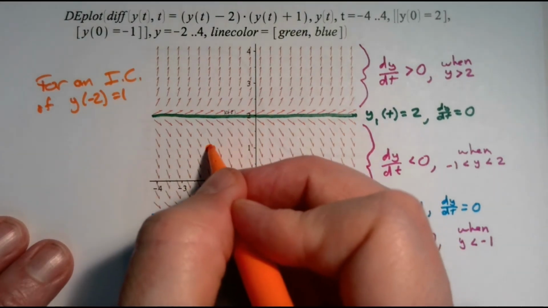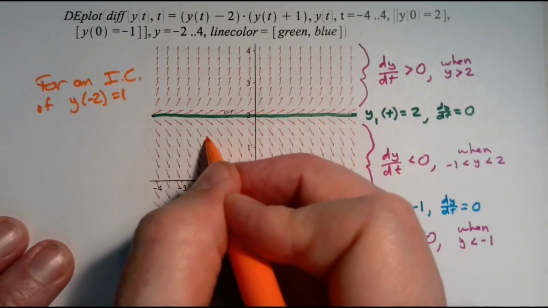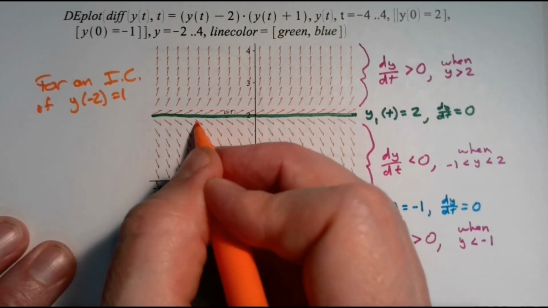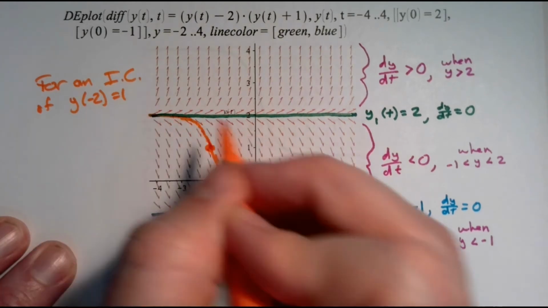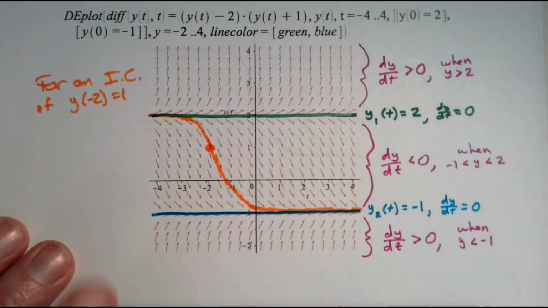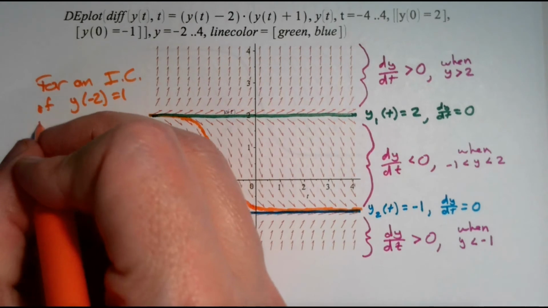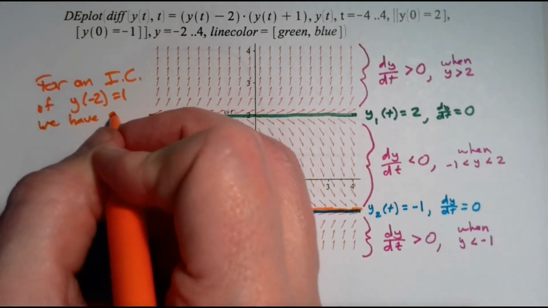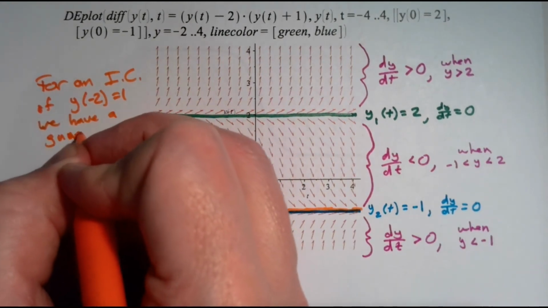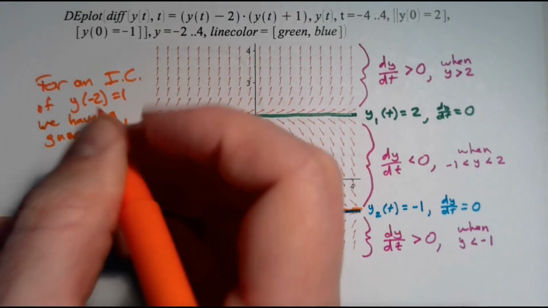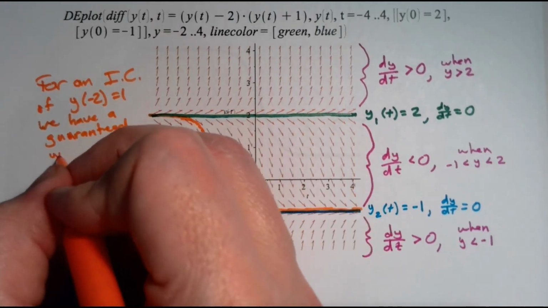And if I play the clock backwards, I can see I'm going to have a solution curve that's going to do something like this. Right? So for this initial condition, we have a guaranteed unique solution curve.